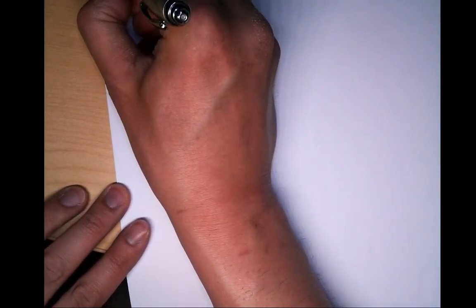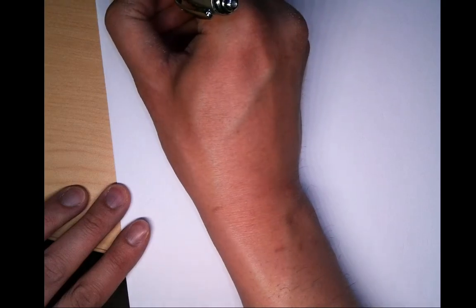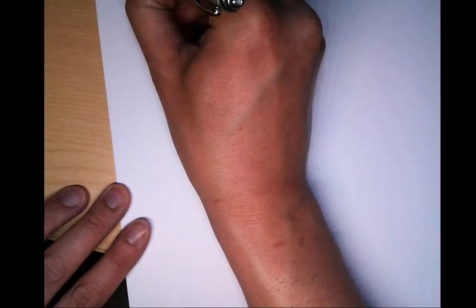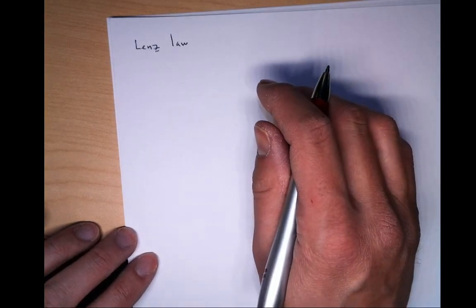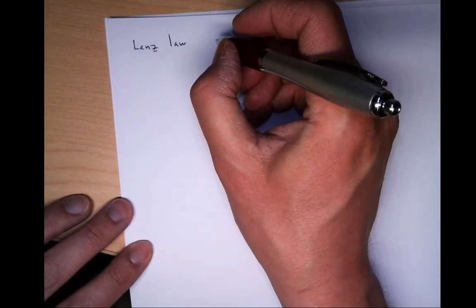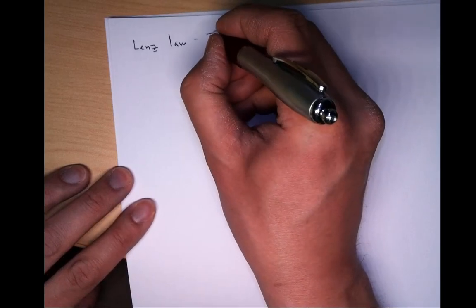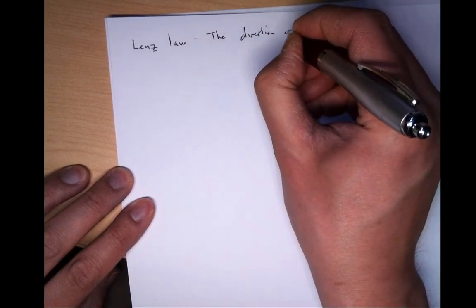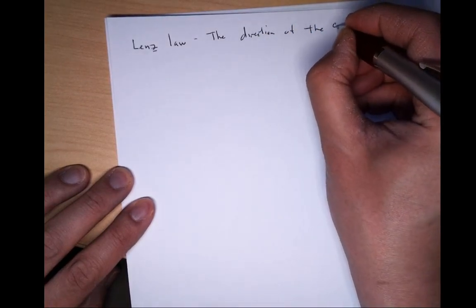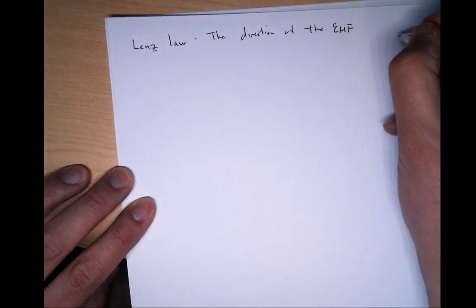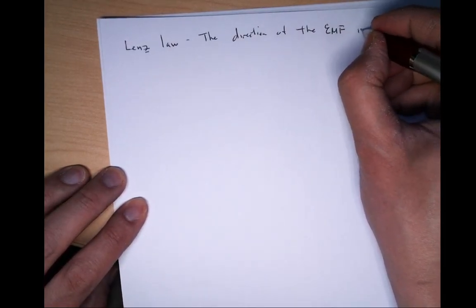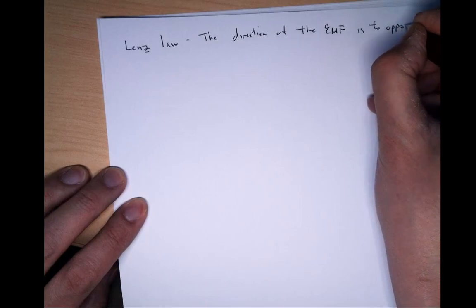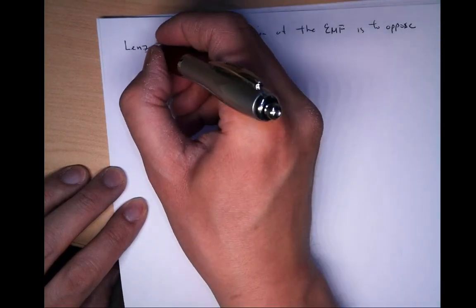Now let's discuss something called Lenz's law. Lenz's law is important because it tells you what direction the EMF is going to be in. Here's what Lenz's law says: the direction of the EMF is to oppose the changing flux.